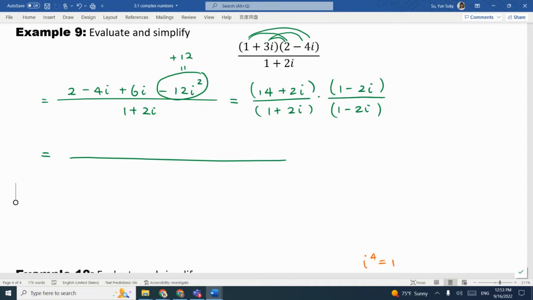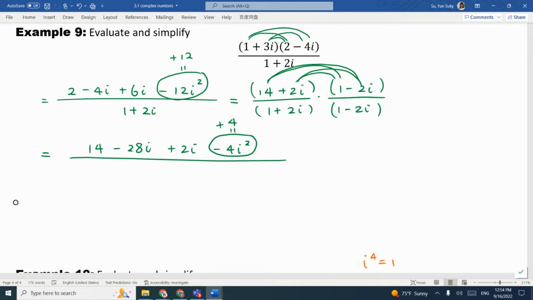Let's look at the numerator. 14 times 1, 14. 14 times negative 2i, negative 28i. 2i times 1, 2i. 2i times negative 2i, negative 4i squared, which is 4. Right? The i squared is negative 1, so it flipped the sign to become positive 4.